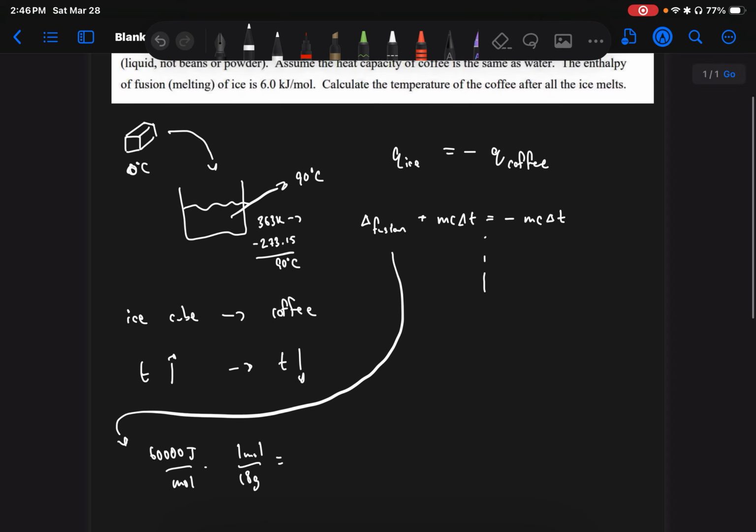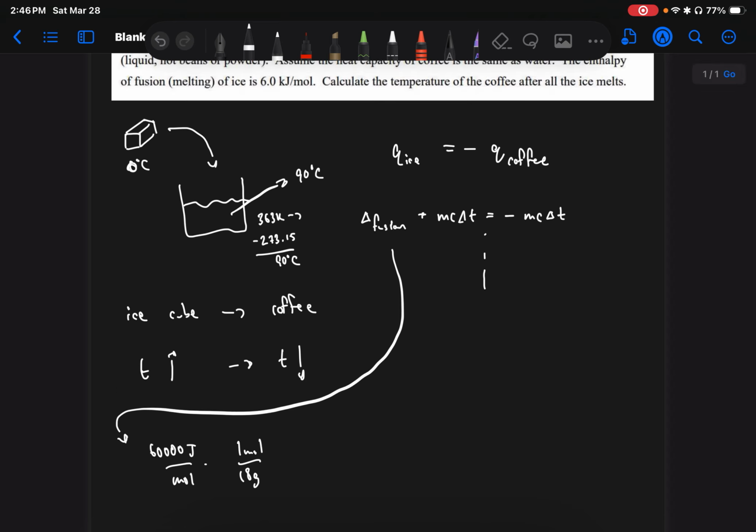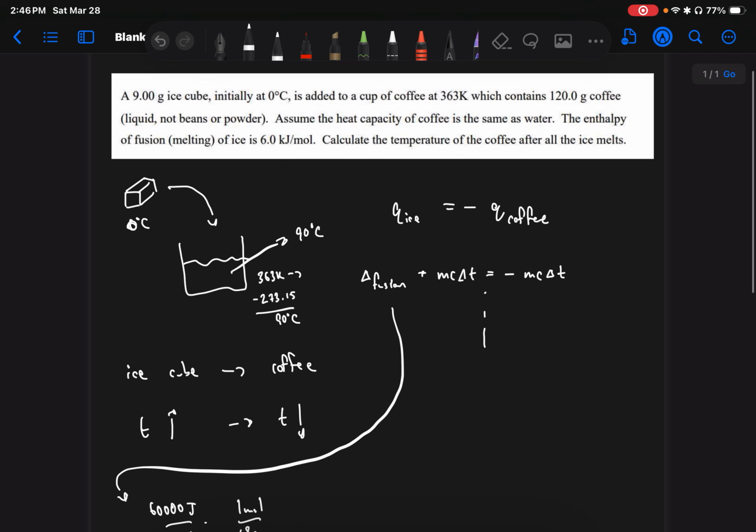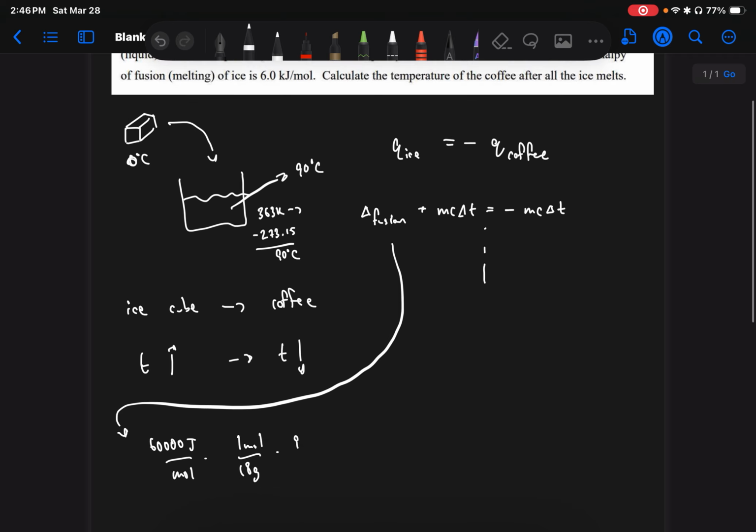Wait, no, I forgot to multiply by 9 grams. Oops, forgot that part. Okay, 3,000. So that's going to be change in H fusion.